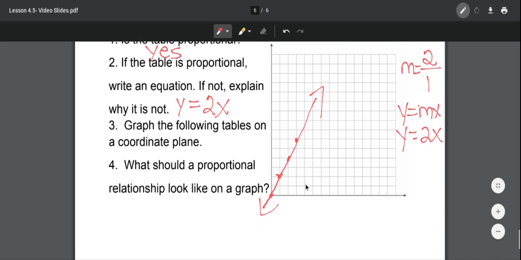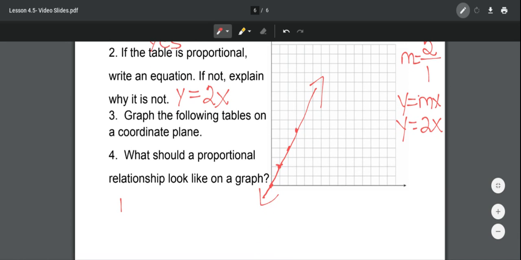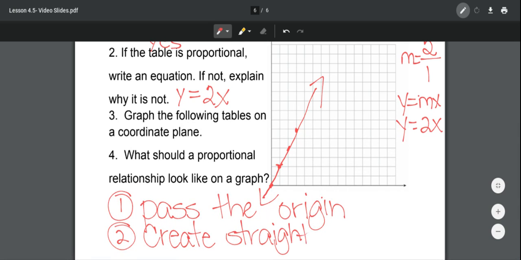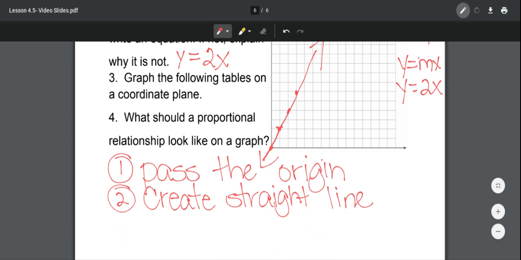So what should a proportional relationship look like on a graph? First, it should pass through the origin. Secondly, it should create a straight line. And thirdly, it should have the same unit of change.